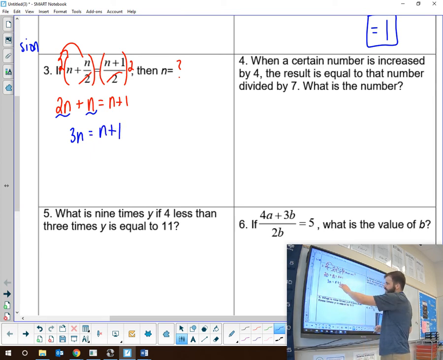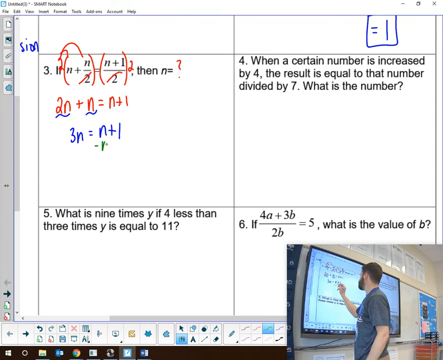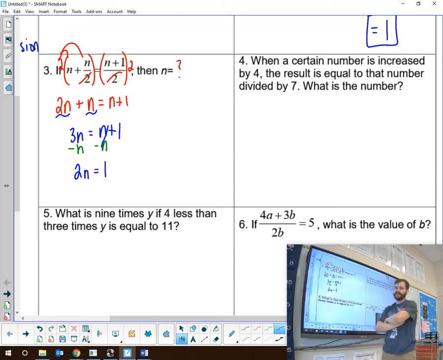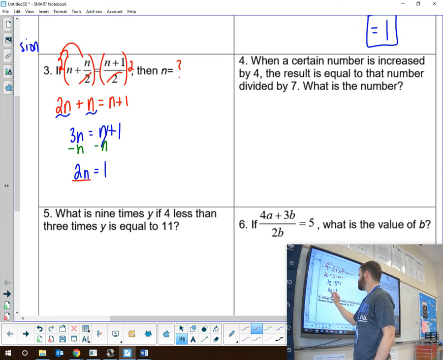Now I want to get my n's over to this side. So I'm going to minus n to both sides. That leaves me with 2n equals 1 because those n's cancel out. N minus n is 0. Okay, I have 2n equals 1. To get that n by itself, I'm going to divide both sides by 2.